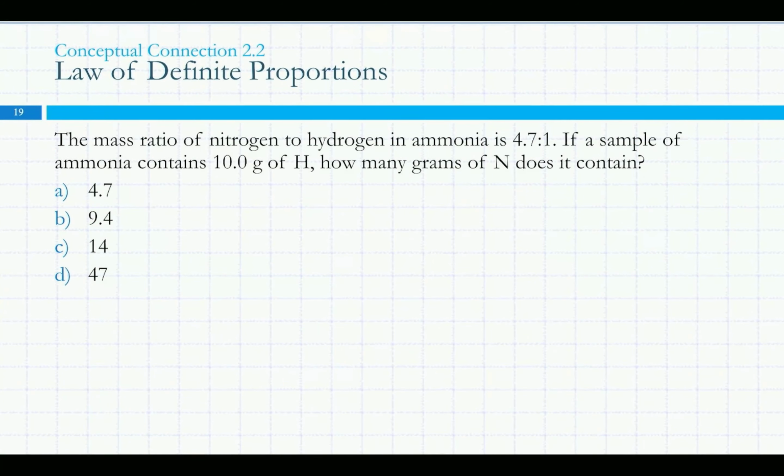Okay, so the mass ratio in ammonia, nitrogen to hydrogen in ammonia, is 4.7 to 1. I can highlight this to help a little bit. Nitrogen is the 4.7, and the hydrogen is the 1. So if a sample of ammonia contains 10 grams of hydrogen, how many grams of nitrogen does it contain?